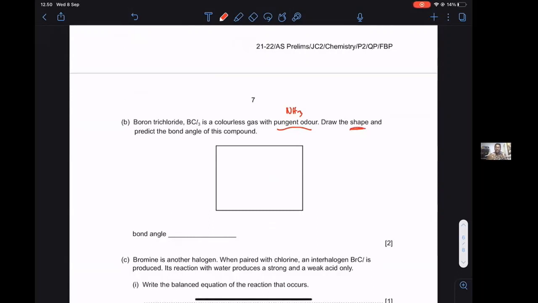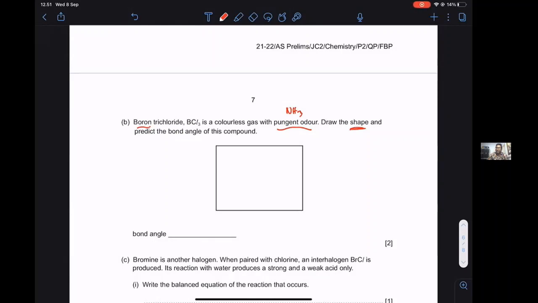They just want to see the shape. So boron is going to be group 3. Let me just quickly check. If you're not sure, always check. So boron is going to be group 13.